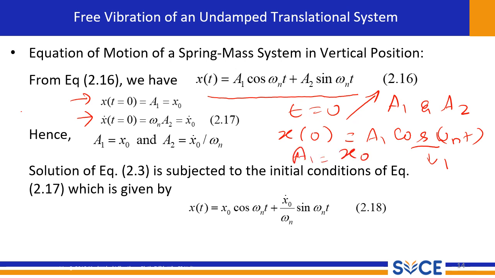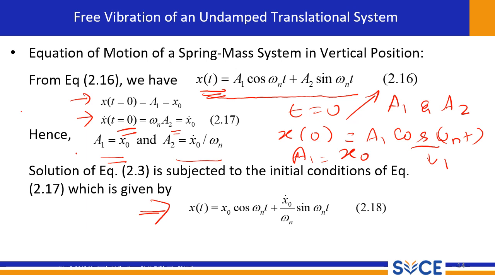Similarly, for the velocity component, taking the derivative of this equation gives a2 equal to x dot naught divided by omega n. We have now determined both constants, that is a1 equal to x naught and a2 equal to the velocity divided by omega n.